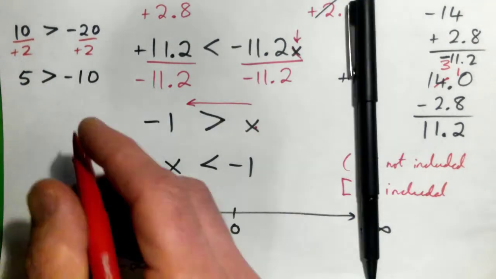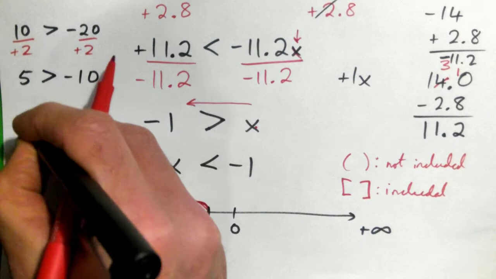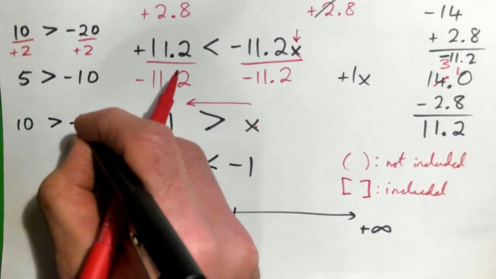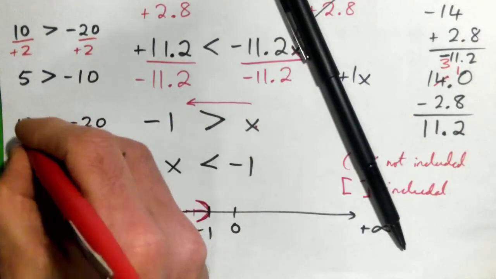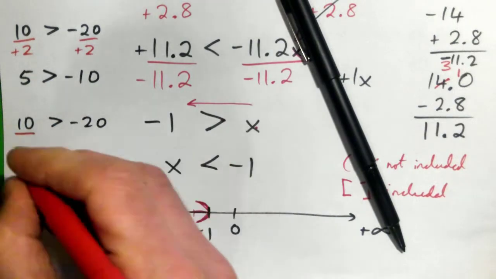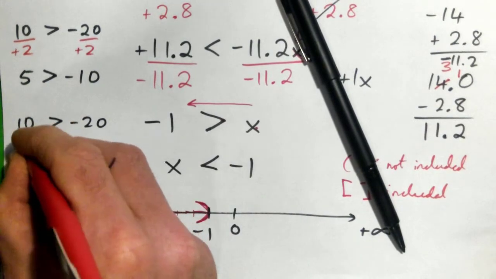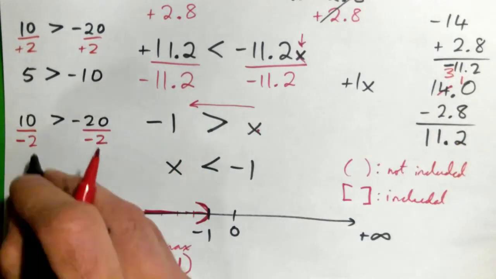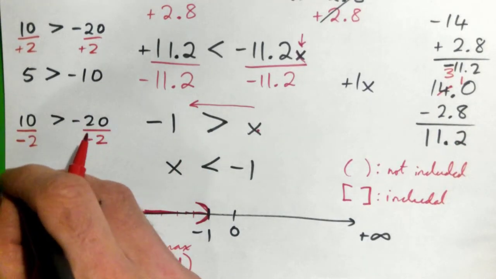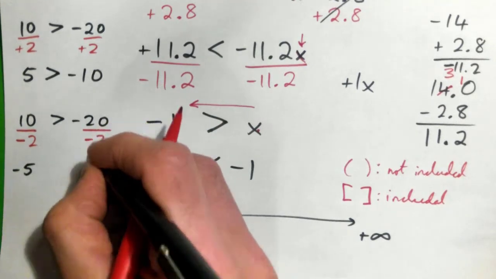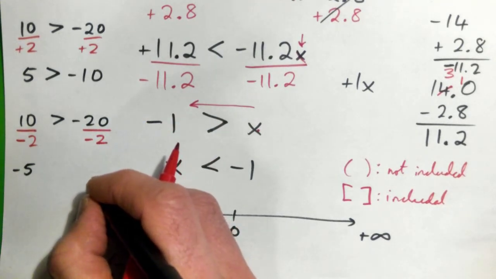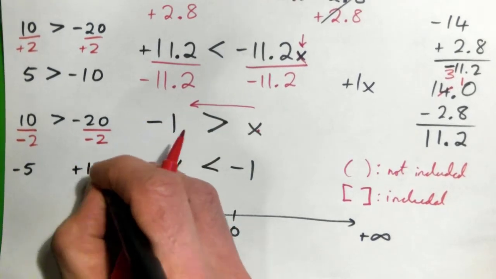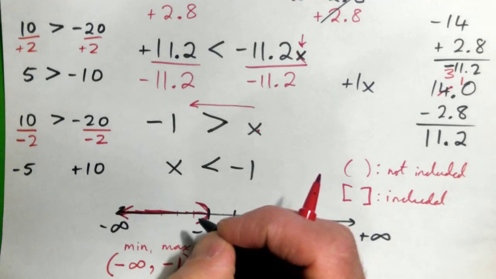So then, okay, I do the same thing again. This time I divide by a negative. 10 is greater than negative 20. Let's divide instead by a negative 2. So what's 10 over negative 2? Negative 5. What's negative 20 over negative 2? Positive 10. Now, which way should the inequality go?